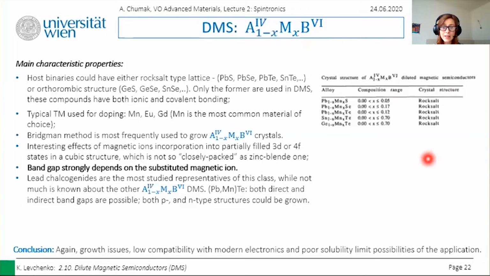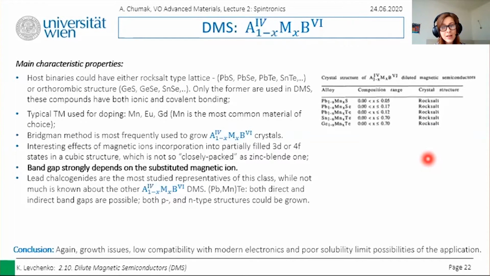But in this case, magnetic ions have, as you may notice, partially filled 3d and 4f shells. The typical growth method is Bridgman, and with this we can produce both p and n type structures, like lead manganese telluride, that have both direct and indirect band gaps. So it's interesting for investigations.